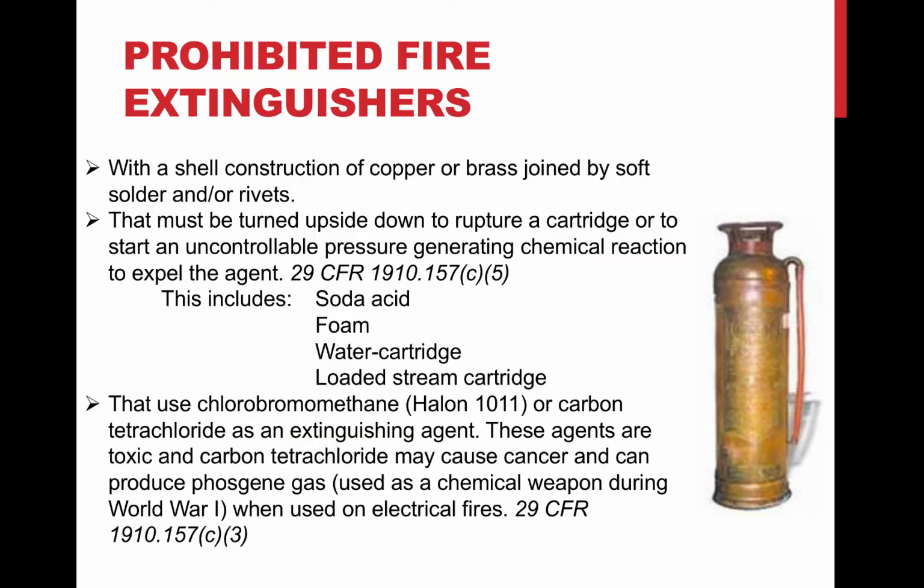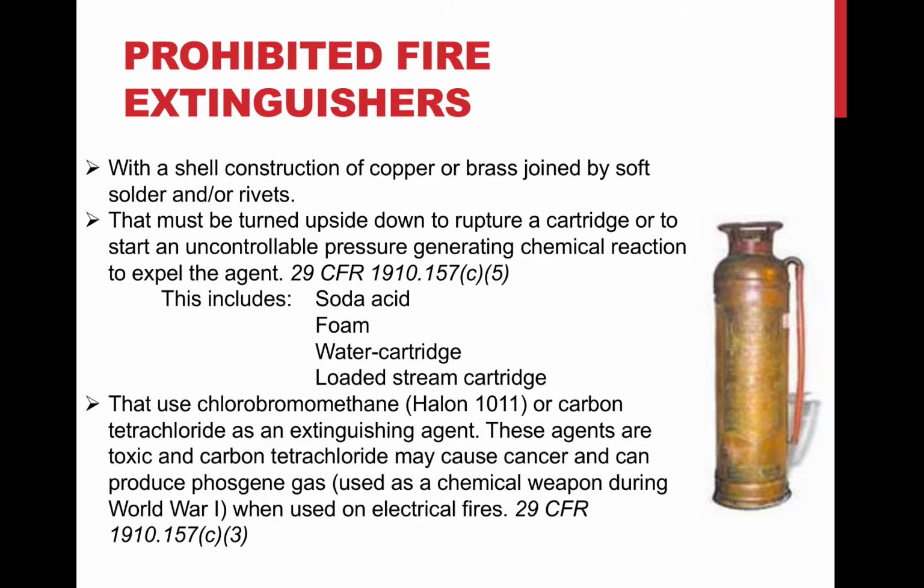Okay, there are several prohibited fire extinguishers that are old and have been used in the past. You cannot use anymore extinguishers with a shell construction of copper or brass joined by soft solder or rivets. You cannot use extinguishers that have to be turned upside down to rupture a cartridge.